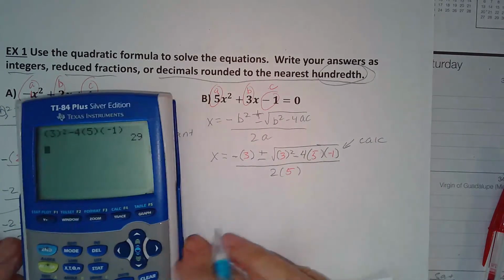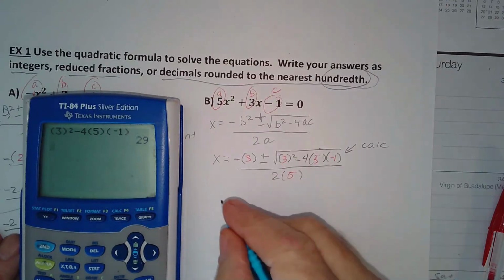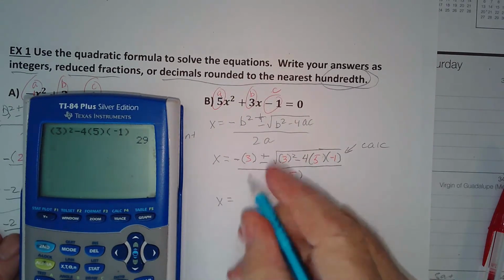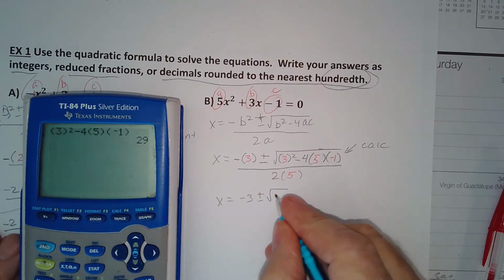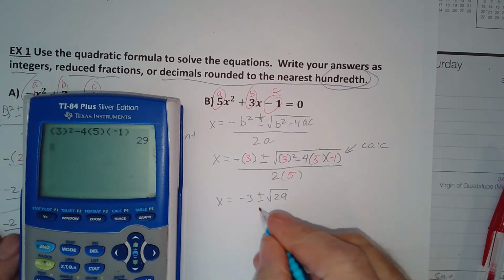So I'm going to write x equals the opposite of 3, which is -3, plus or minus the square root of 29, all divided by 2 times 5 is 10.